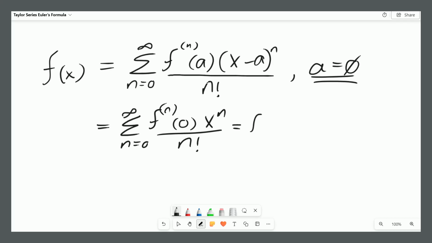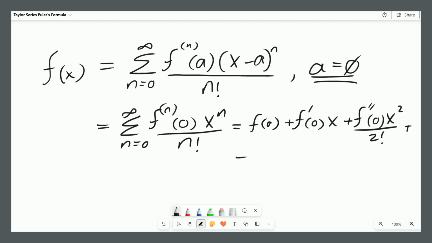Well, first we're just going to have the function at 0 plus the first derivative of the function at 0 multiplied by x plus the second derivative of the function at 0 multiplied by x squared divided by 2 factorial plus the third derivative of the function at 0 multiplied by x cubed divided by 3 factorial, and so on.